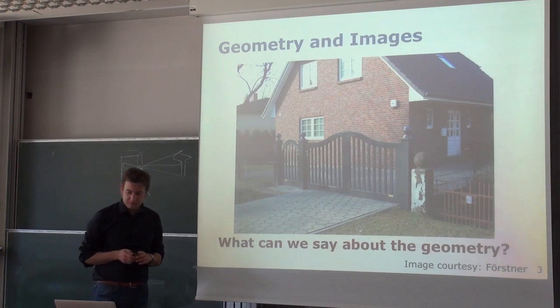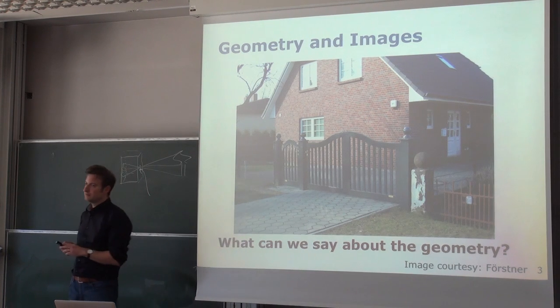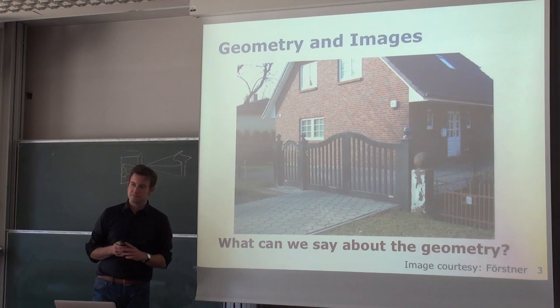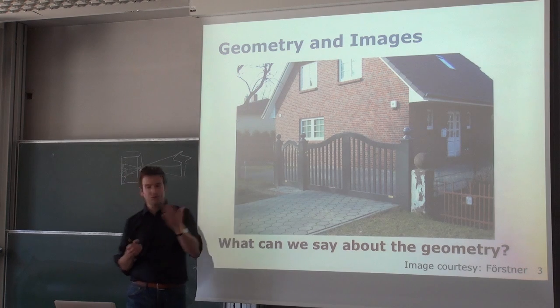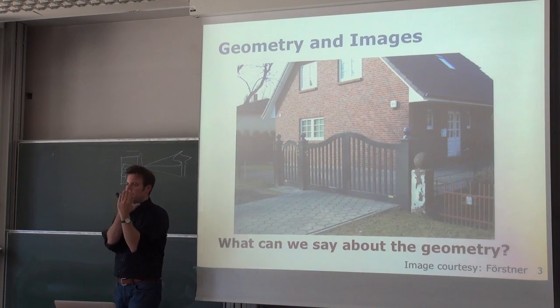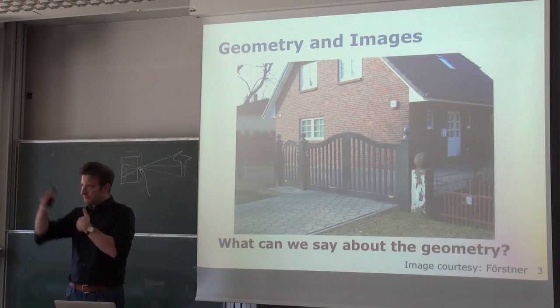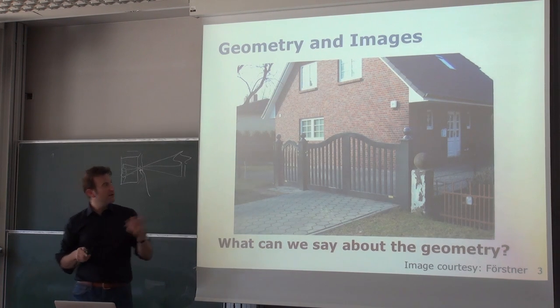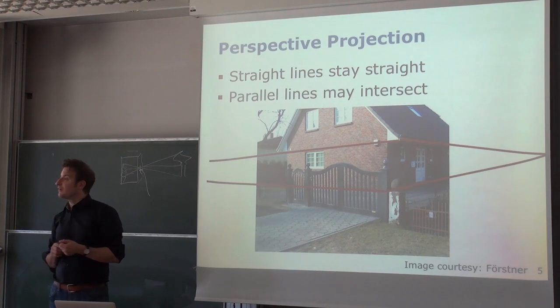If they go from left to right, they probably stay parallel. But if they extend into the distance, then they are not parallel anymore. If the plane in which the lines lie has the same orientation as my image plane, that's true. If we map somewhere else, this is not the case. So parallel lines may intersect; they may not stay parallel.